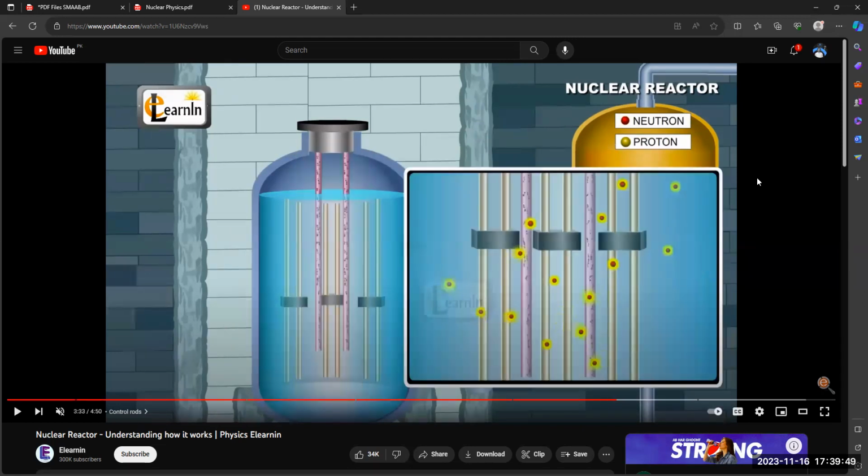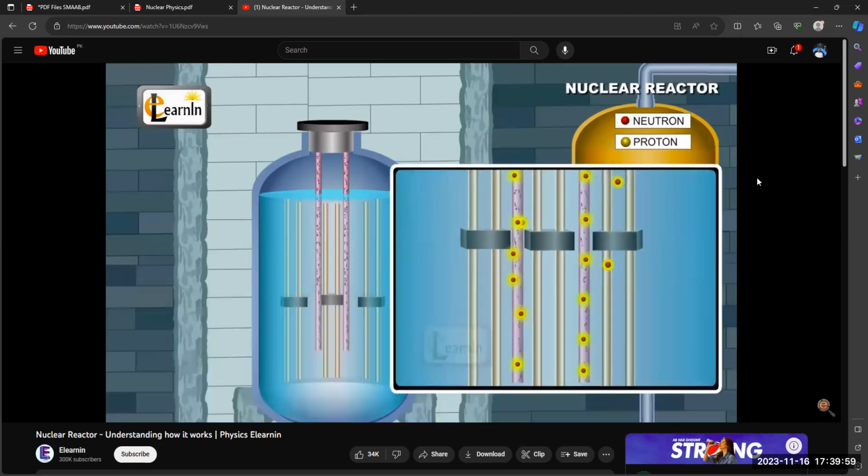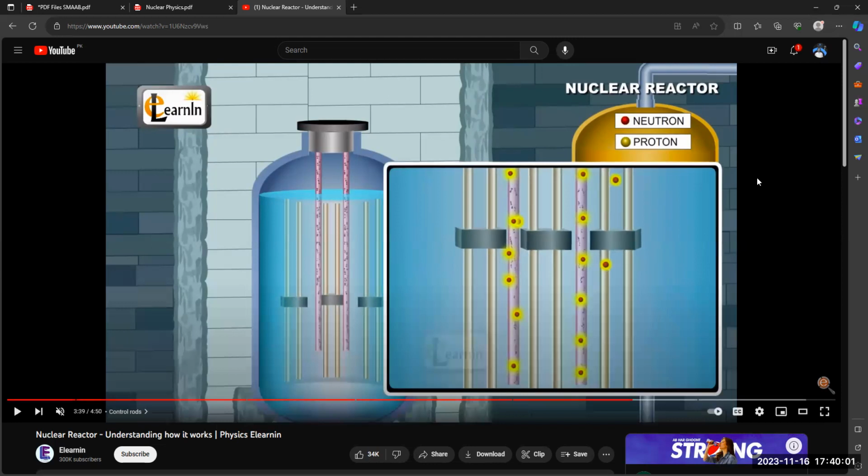So when you immerse the control rods into the reactor, you can see neutrons stick on the control rods, right? So now they are not moving like before. The motion of the neutron is stopped because of the control rods. They are not moving freely like in the previous state.